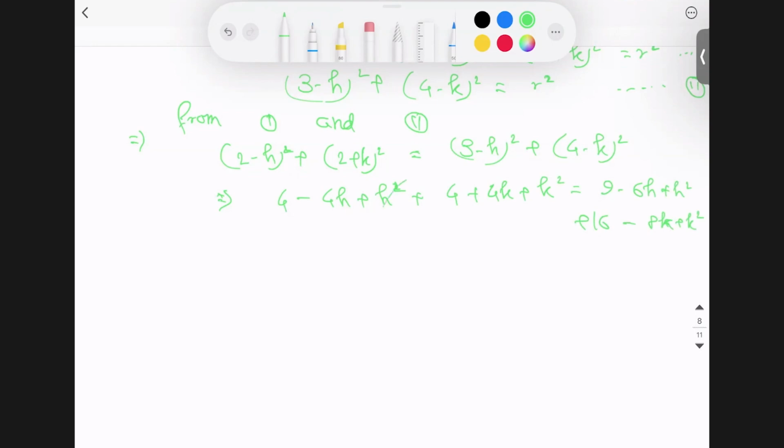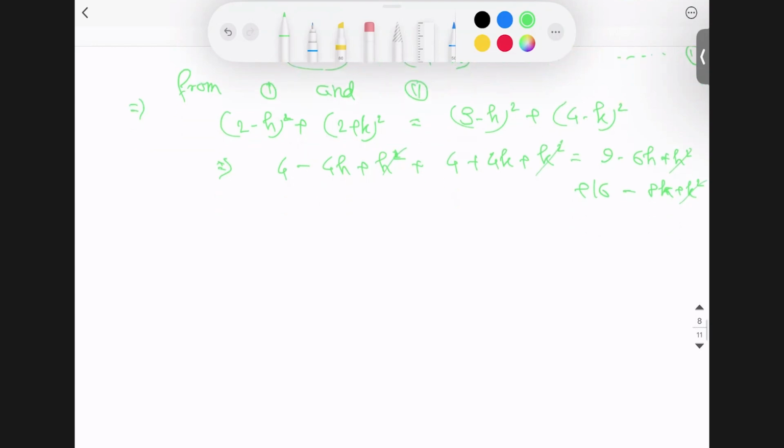So from both sides, h square and k square go out. And if I rearrange all the terms, what will I get? We will get 2h plus 4k is equal to 17.